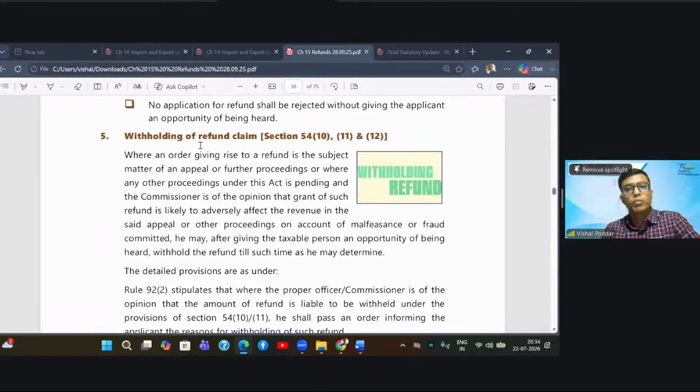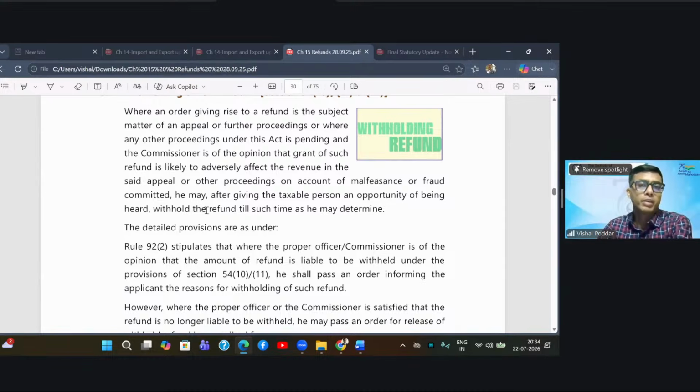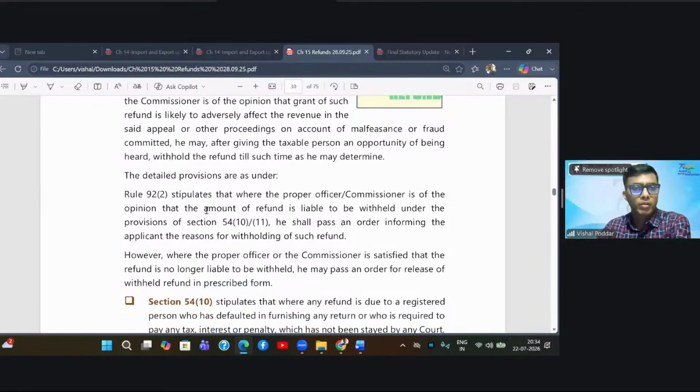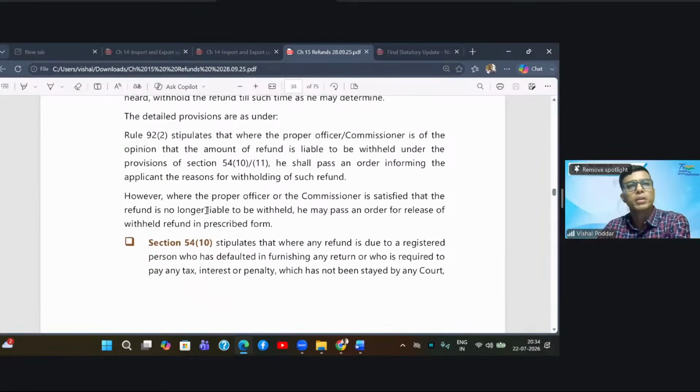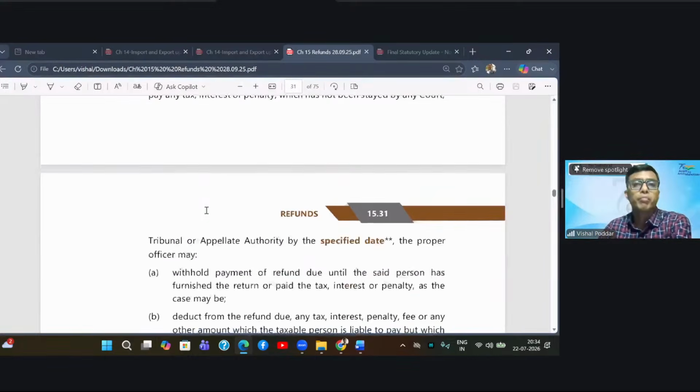So despite you being eligible for refund, the officer may withhold your refund if the order which is giving rise to refund is the subject matter of appeal or further proceedings, or where any other proceedings are pending and the commissioner is of the opinion that the grant of refund will adversely affect the revenue. So either the refund order is under challenge or there are some other pending proceedings, your refund which is otherwise sanctioned may be withheld.